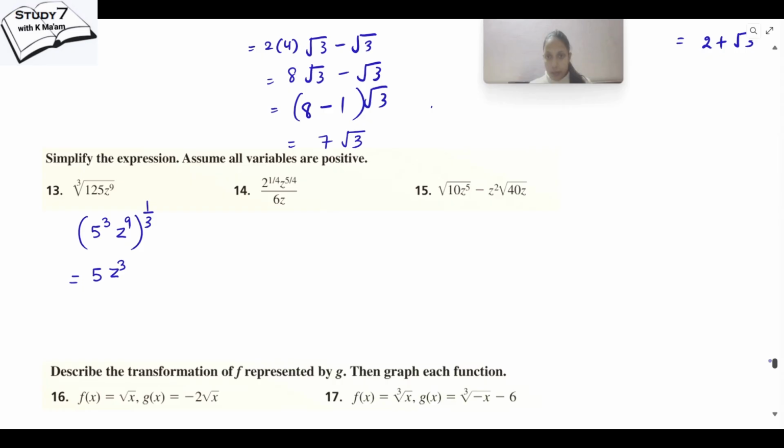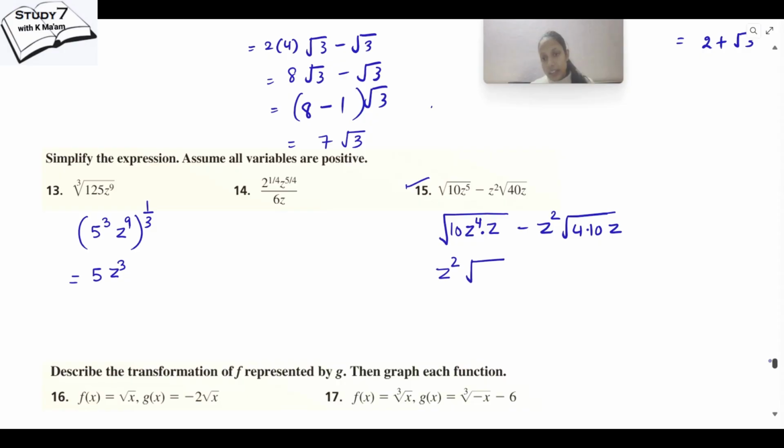Here we will do this question. 10 times the root of z power 5. What can you take out from the root? Z power 4. 10 z power 4 times z. Here 40 can be written as 4 into 10 and z. Square root of z power 4 is z square.